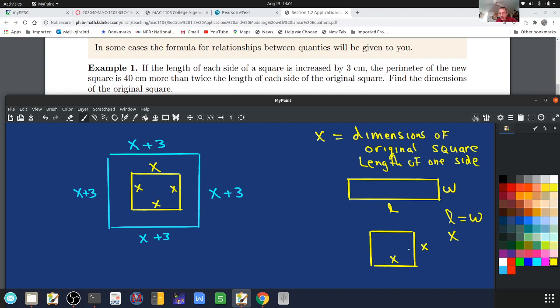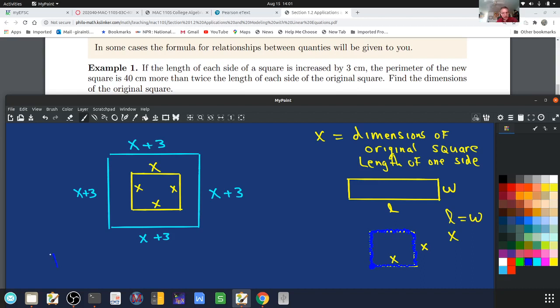If I'm on a square and I start walking on the edges of the square, the total distance I walk following the edges until I get back to my starting point is the perimeter. So the perimeter is just the lengths of each of the sides added up.